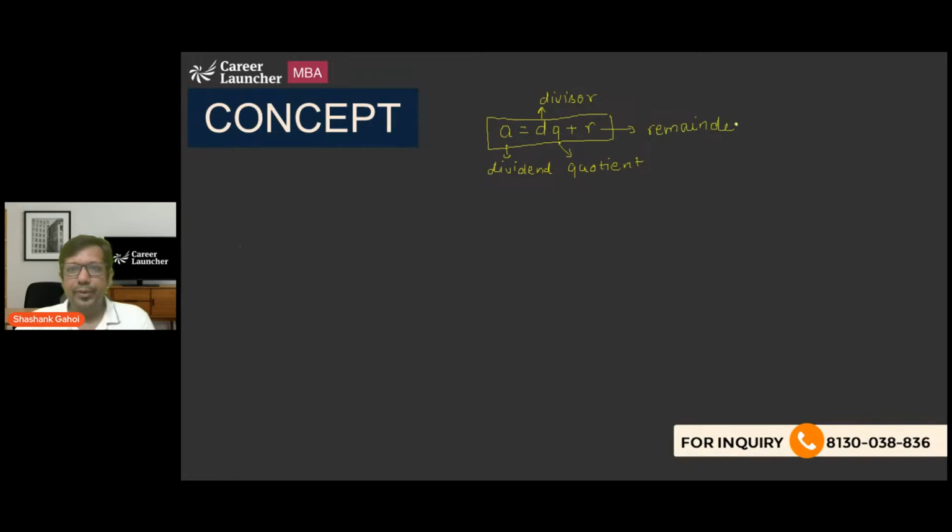The first and most important thing in remainders is, for example, if numbers are added. If I say A is being divided by D and the remainder is R1, and B, another number, is being divided by D, the remainder is R2. So if A plus B is being divided by D, the remainder is going to be R1 plus R2.